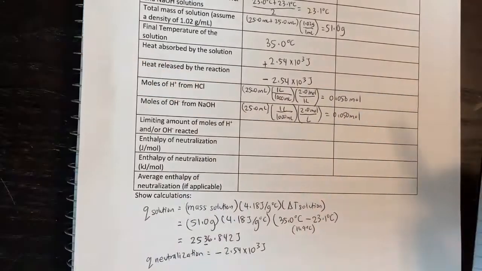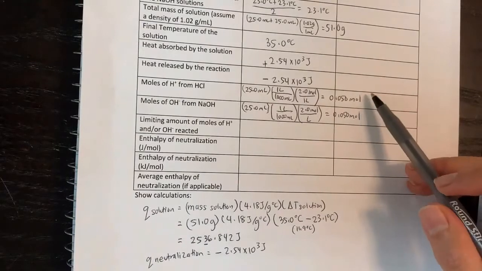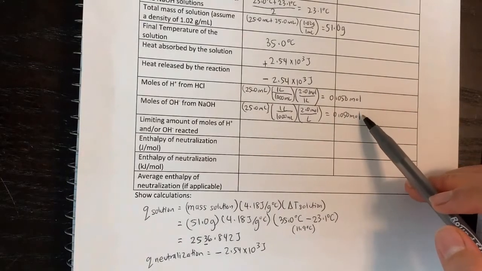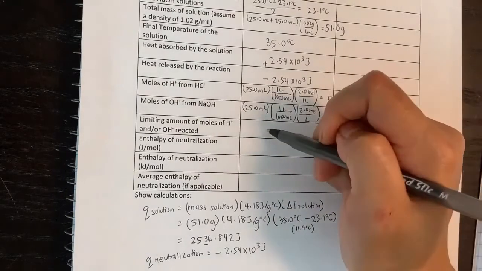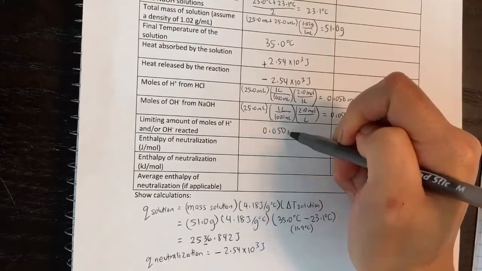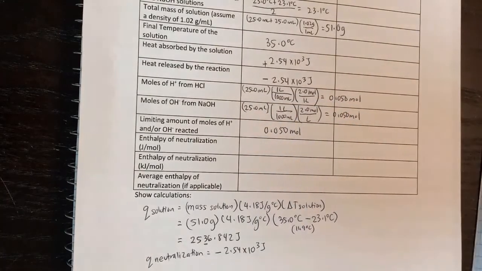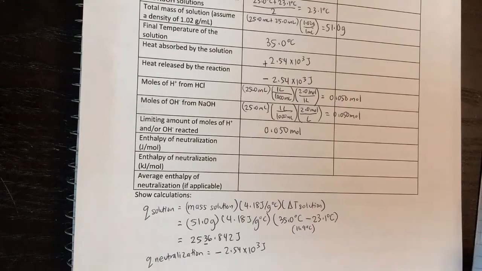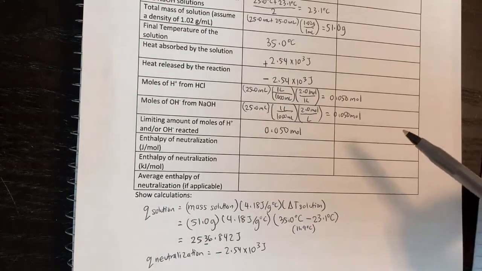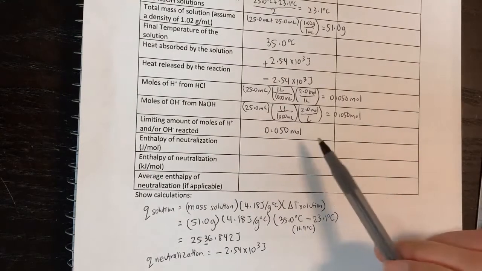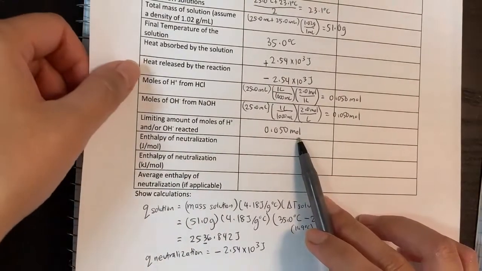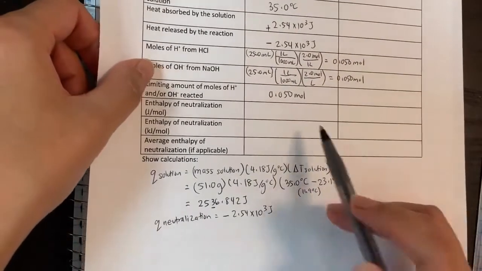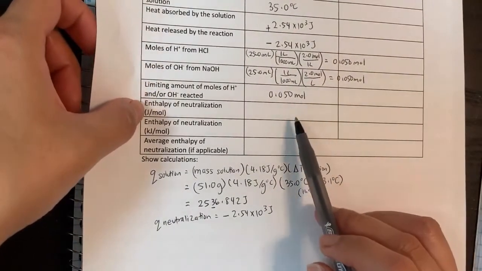Now in my case, I have the same number, so the limiting moles is the same number because it's the smallest. So all 0.050 moles have reacted. Now, if you have different numbers here, you would have to choose the smaller moles to be the limiting. Once you have the limiting moles, the smaller number of moles, you can go to the next step.